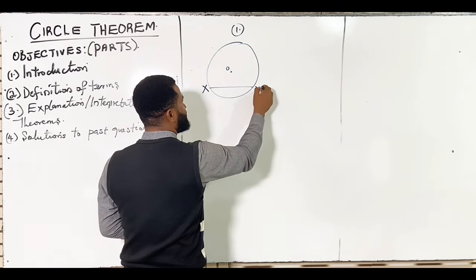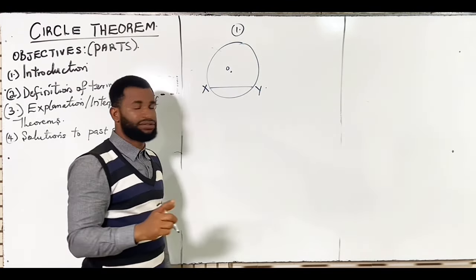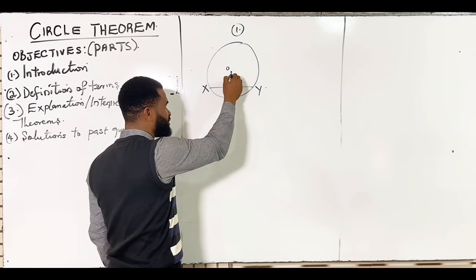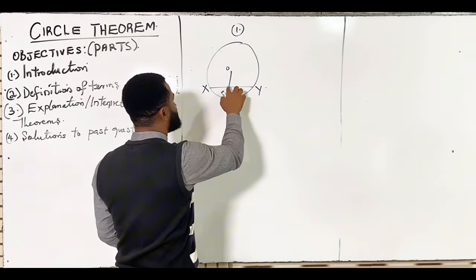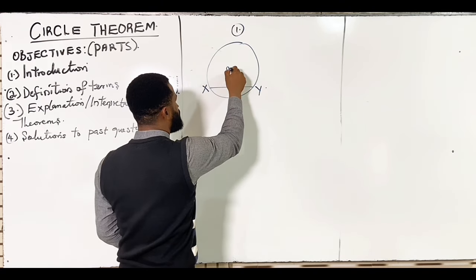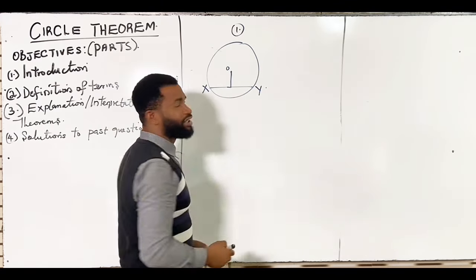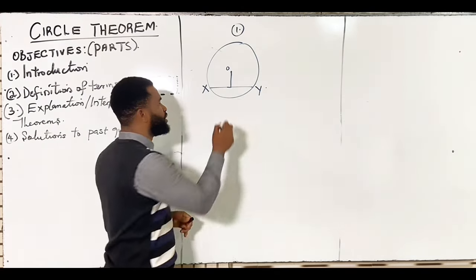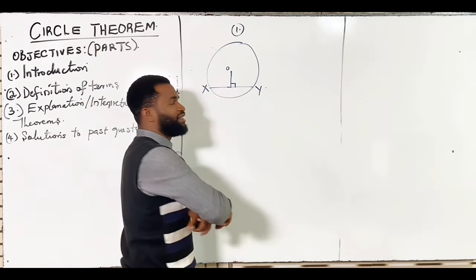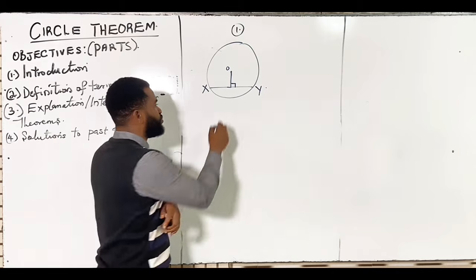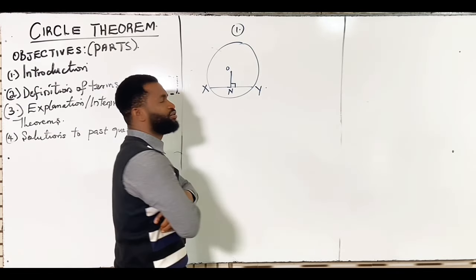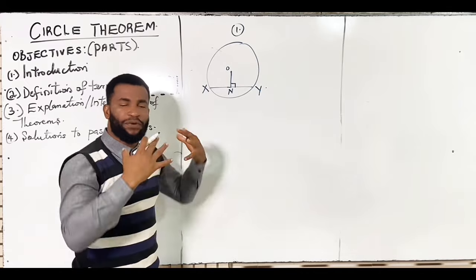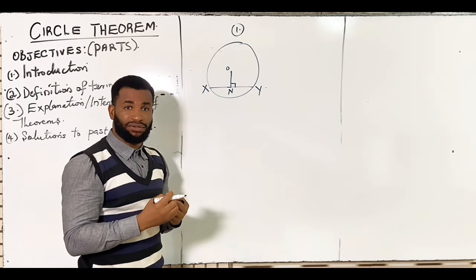Let's now go to the interpretation and explanation of the theorems. If I have X and Y, the law says that a line from the center of the circle will meet the chord, and two things will happen. Number one, it will meet the chord at angle 90 degrees. So let's assume it meets this chord at this point. From the center of the circle, meeting the chord, it forms angle 90 degrees with the chord.